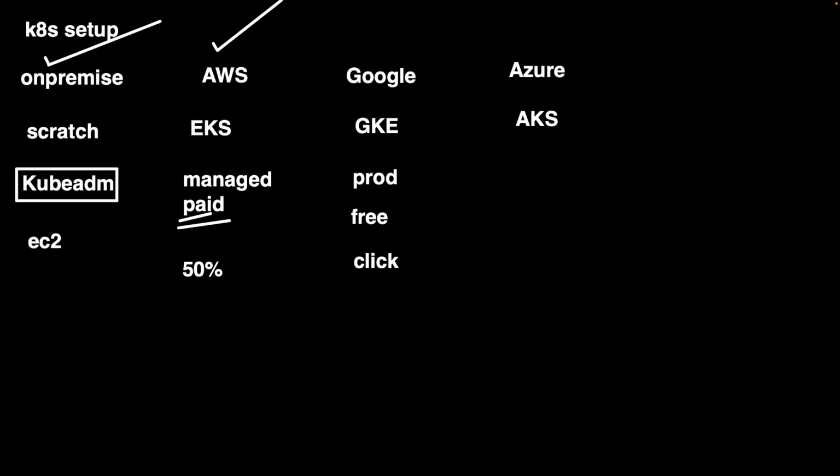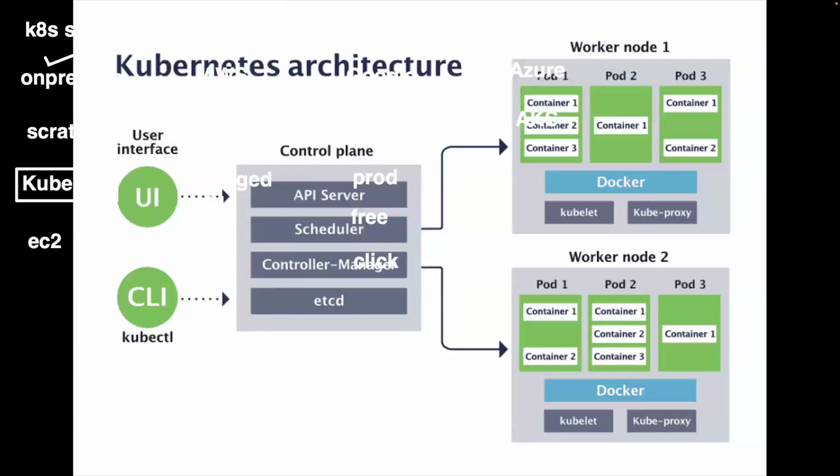Ma'am, on-premise is local server, right? On-prem means companies will have their own data centers, their own physical servers. On those physical servers, they may have some virtual machines created. They'll use that. Basically their own data center. So before cloud, they were using on-premise, right? Now also they are using on-prem.